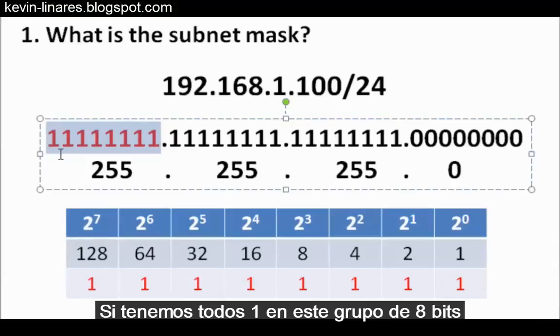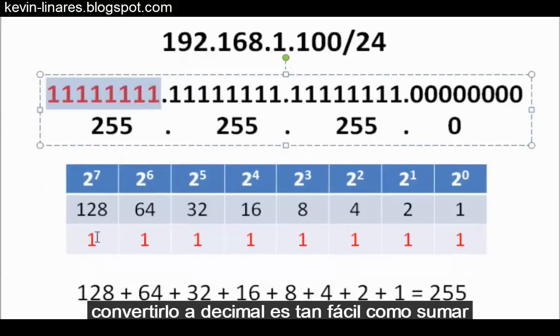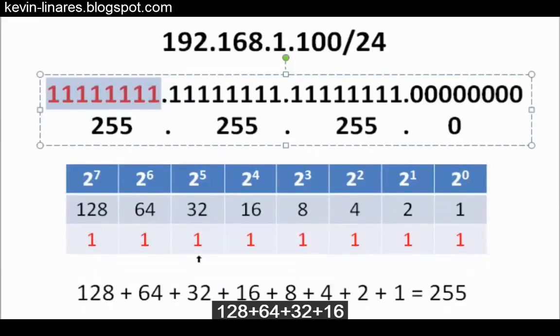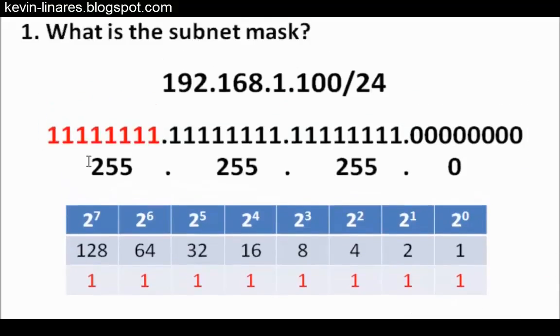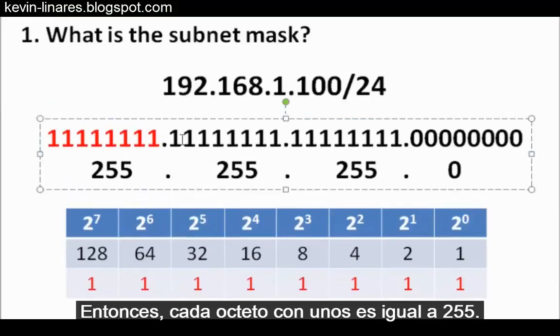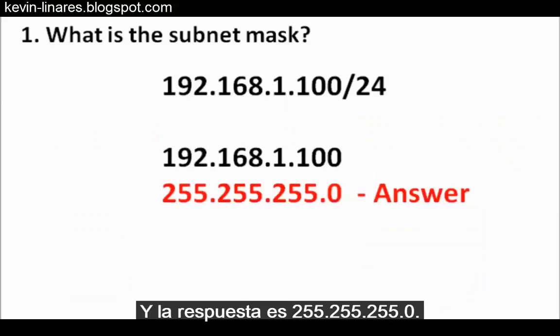If I have all ones in this 8-bit grouping, then to convert it to decimal is as simple as adding 128 plus 64 plus 32 plus 16 plus 8 plus 4 plus 2 plus 1 equals 255. So each octet with ones in it equals 255. So 255.255.255.0 is our answer. Now let's go to the second question.